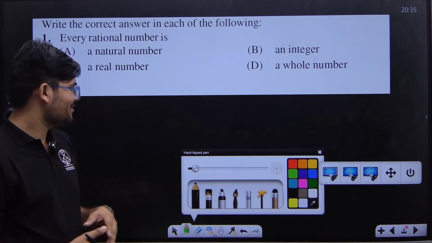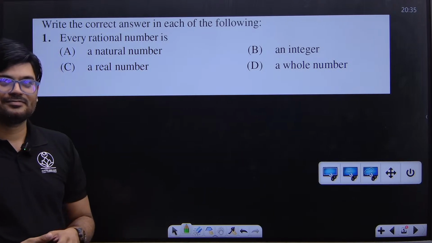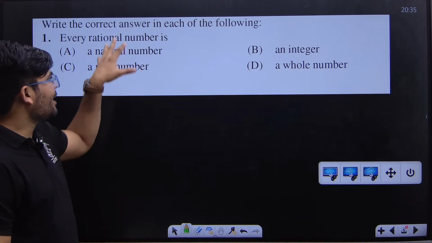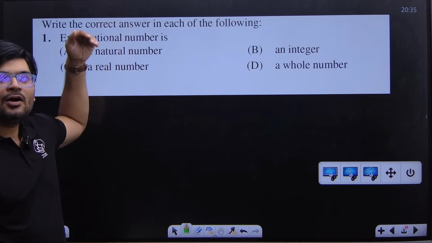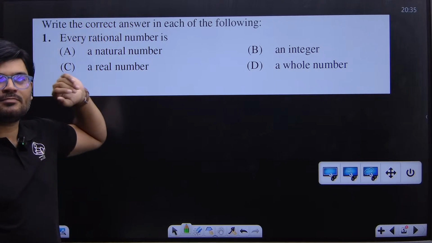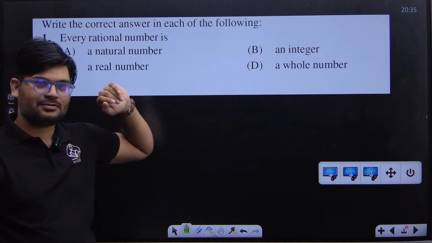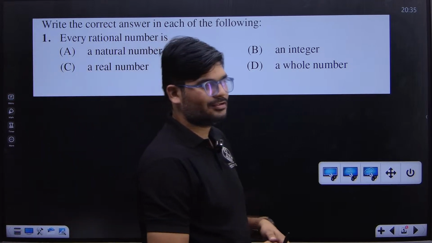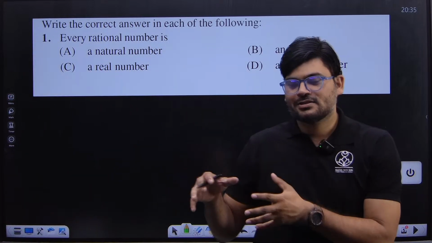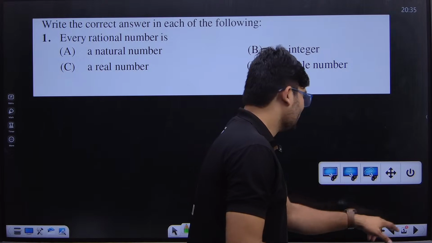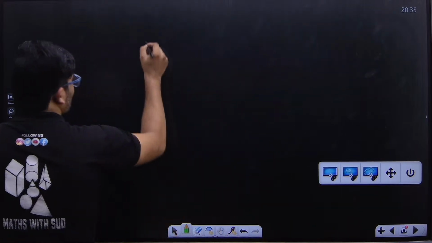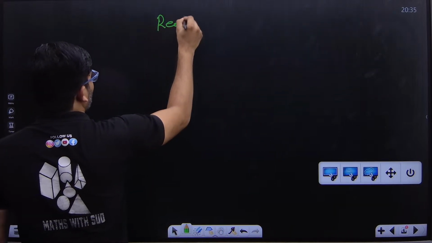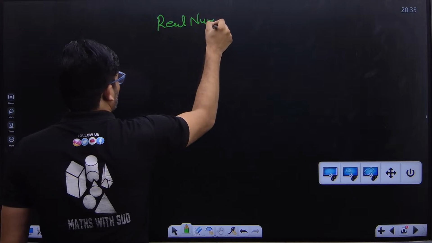You have to see who is the father of this rational number. Let me tell you in very layman language. Real number is the father of every number.